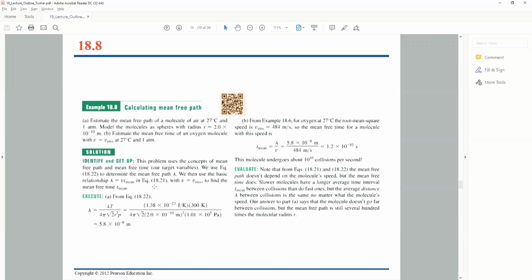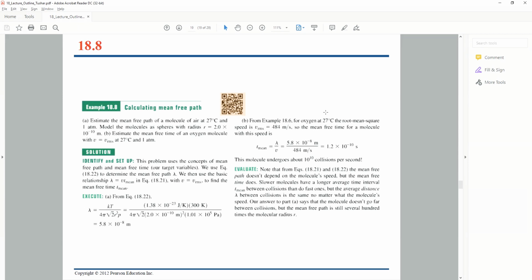Then next is to estimate the mean free time of the oxygen molecule, with our assumption that the average speed is equal to the RMS speed, at 27 degrees Celsius and 1 atm.